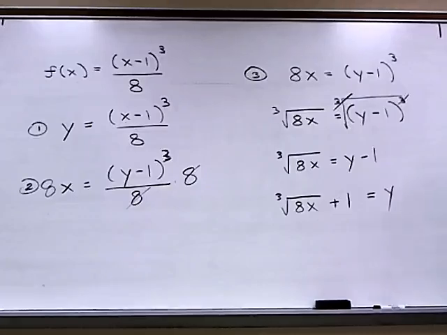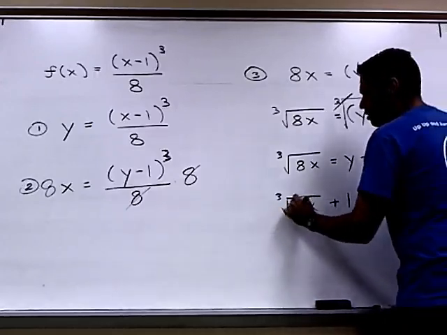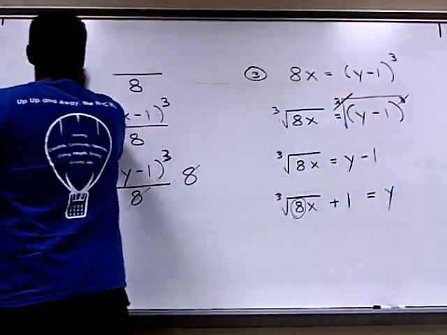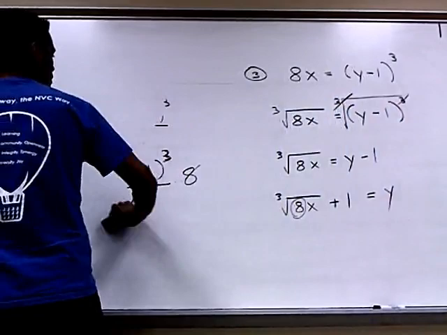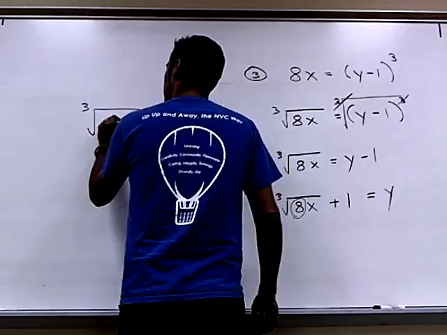In the answer, it says 2 times the cube root of x, plus 1. There's a 2 in front of it. Oh, I know it. Okay, yes. They did what's the cube root of 8. All right, what I just boxed there would be fine on the test. What they did is they said, you have cube root of 8x.